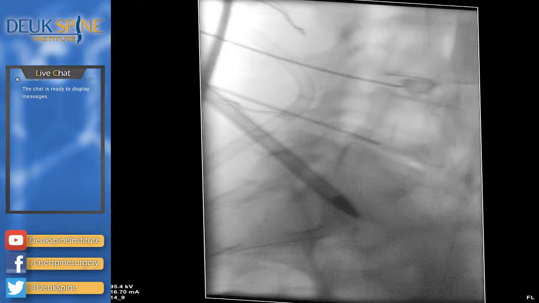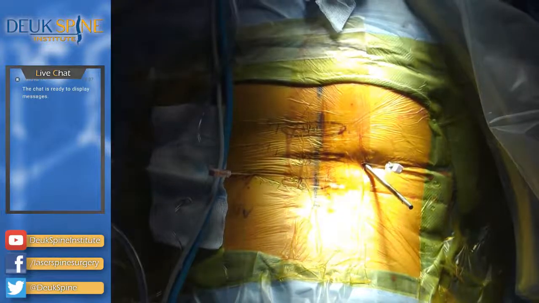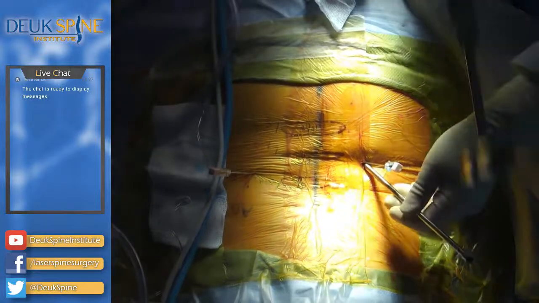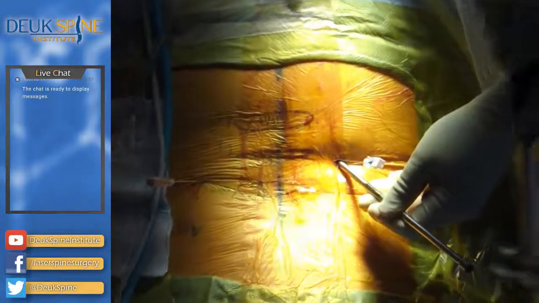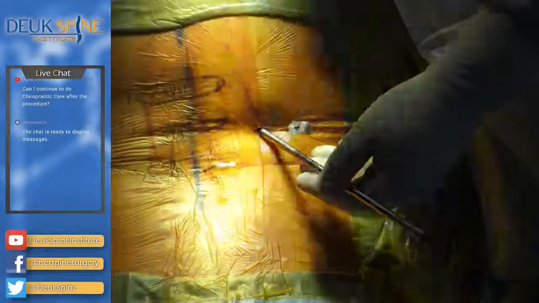So we're after the annular tear. We're not after the end plate inflammation. But we're going to see some bleeding end plate for sure. It's inevitable when you have this advanced arthritis in the disc space.